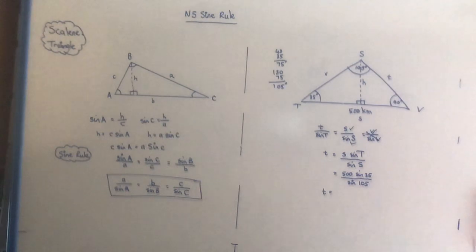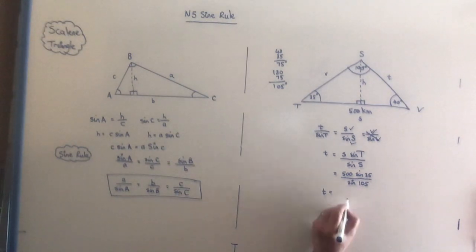So here we go, 500 times sine of 35 divided by sine of 105, and that comes to 296.9. I'm just going to call it 297. Or will I?